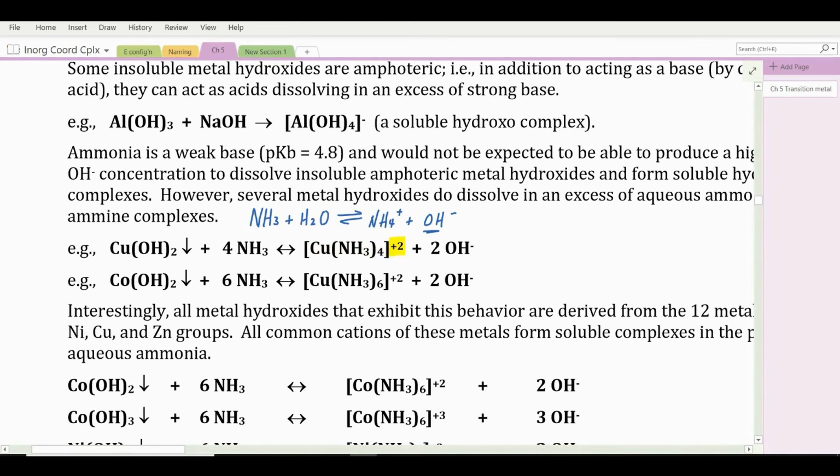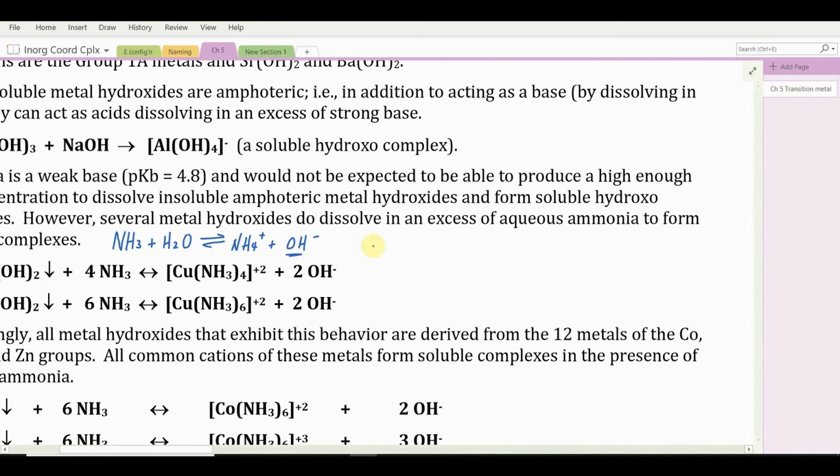The fact that it's charged makes it water soluble. So for example, here's calcium ion, which precipitates with hydroxide to produce calcium hydroxide, insoluble, and the addition of excess hydroxide has no reaction, as expected.